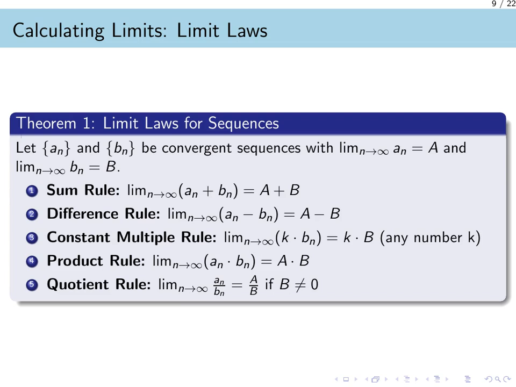The quotient rule follows the same pattern, giving a over b, but with the important requirement that the denominator's limit, b, cannot be 0. Finally, the constant multiple rule states that you can factor any constant k out of a limit. These laws are incredibly useful, but remember, they only apply if the initial sequences converge. In short, limits behave predictably with respect to addition, subtraction, multiplication, and division.